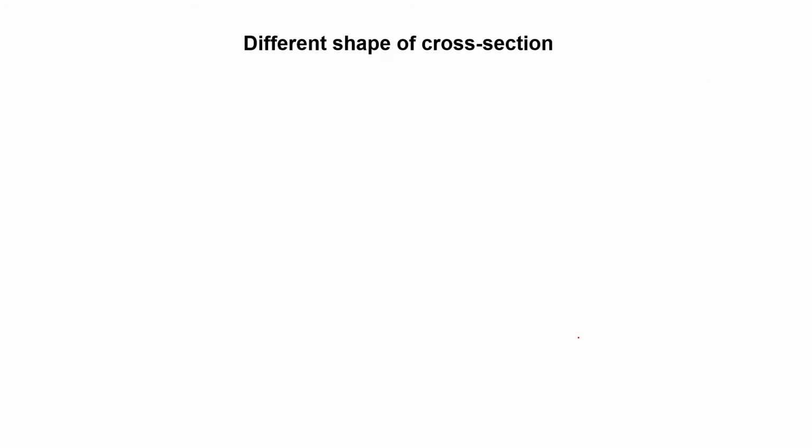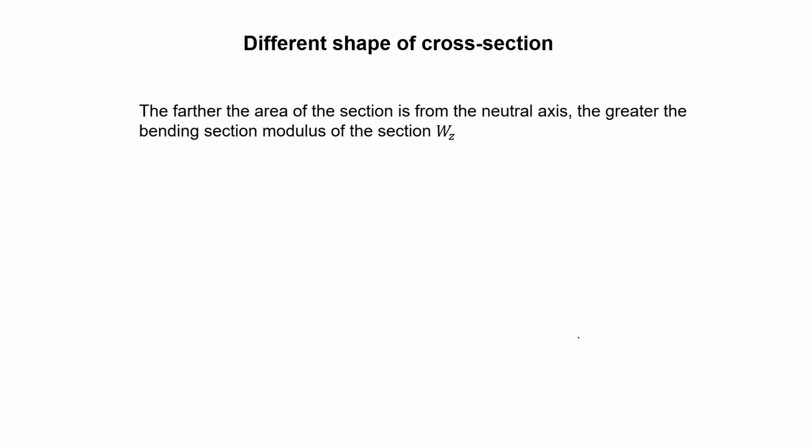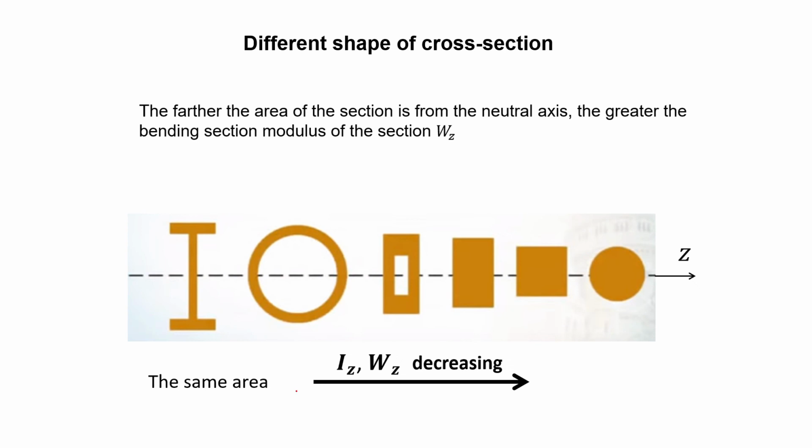Now look at different shapes of cross sections, and if we have the same amount of area, you don't change the total amount of area, I ask you how to design the beam with the largest bending modulus. So it's not easy to bend, basically. This is actually the result.